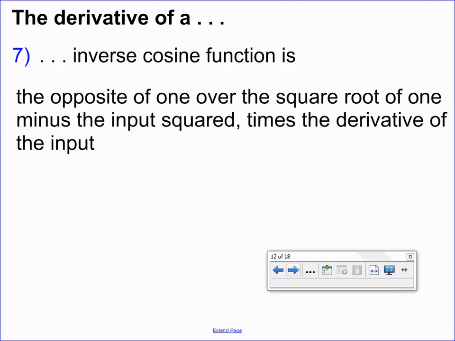So the derivative of inverse cosine is the opposite of 1 over the square root of 1 minus the input squared times the derivative of the input.